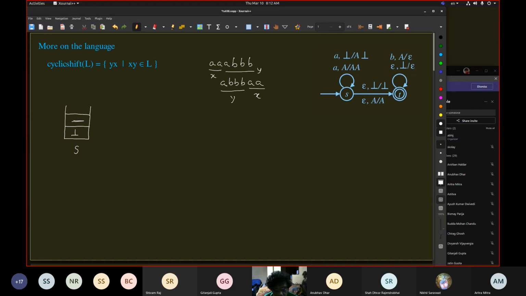Then it sees an A. And this machine should push a capital A corresponding to this A. Let me do one thing. Let me number these A's. These numbers are for your understanding.